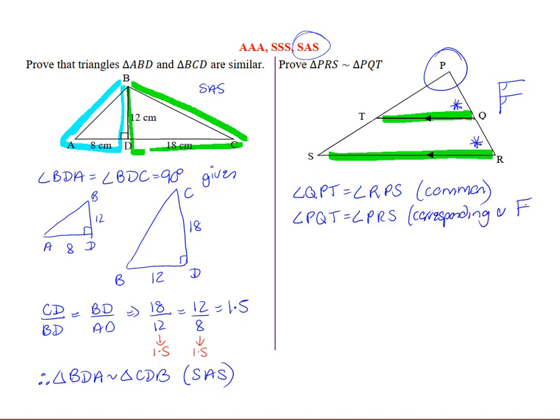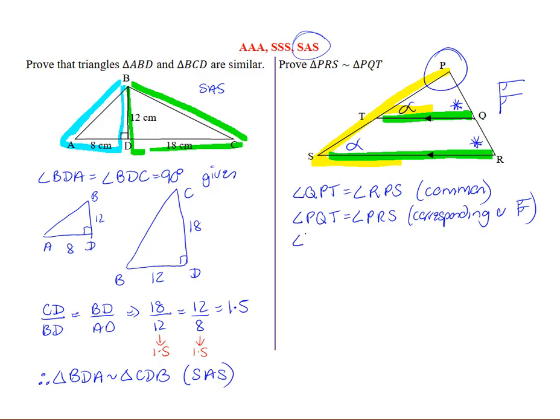Or if you want to, you can use the code. Similarly, this angle here has to equal that angle there, again because it forms that F shape. They're corresponding, so you can see that F shape there.